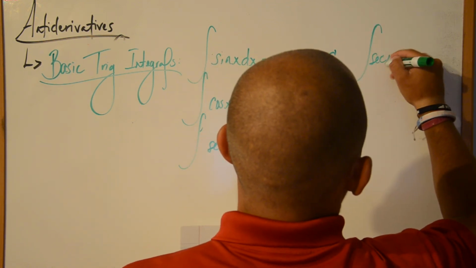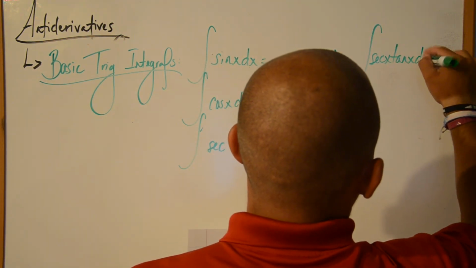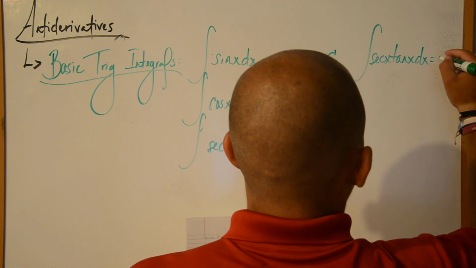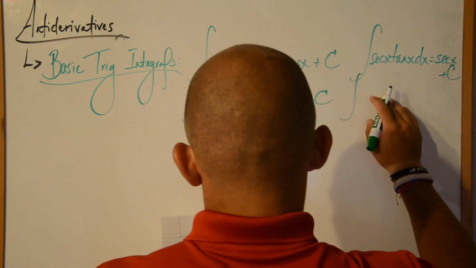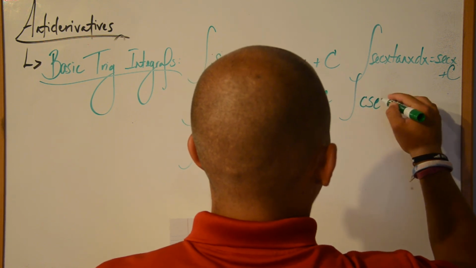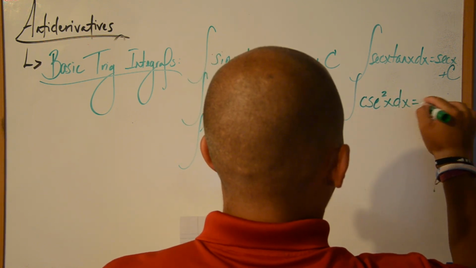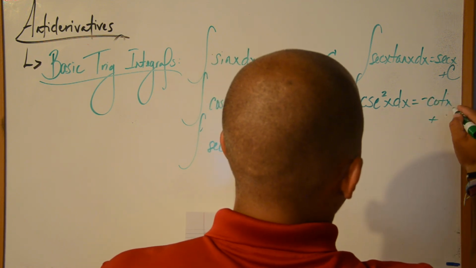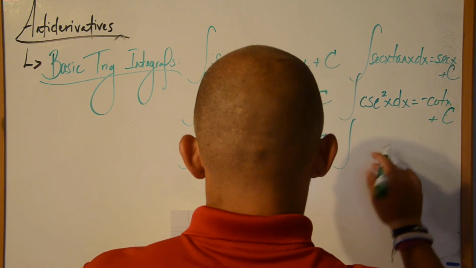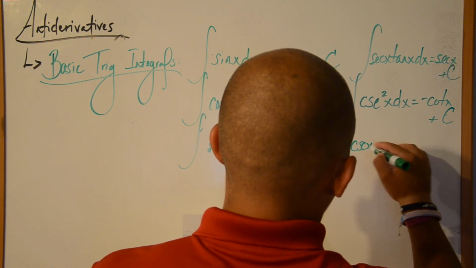The derivative of what function gives us secant x tangent x? Secant x plus c. The integral of cosecant squared is equal to negative cotangent x plus c.